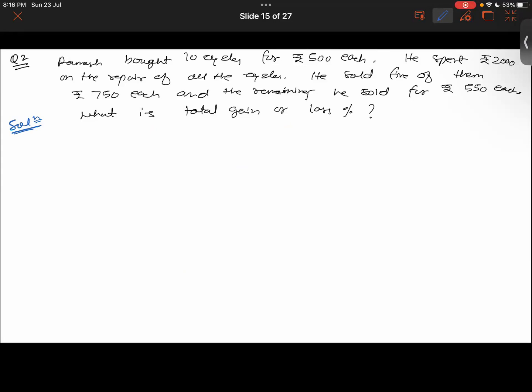Then you have to see whether the selling price is more or the total cost price is more. If the selling price is more, then he has gained. And if the selling price is less than the total cost price, then he has incurred a loss, and you will be required to find the loss percent in that case. Hope that's clear.